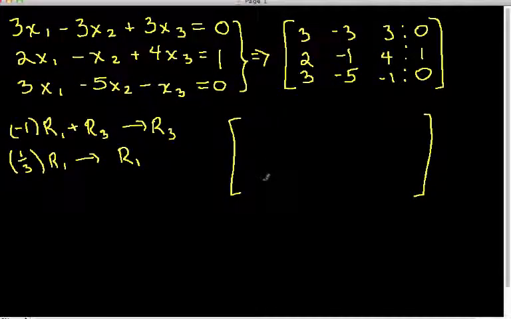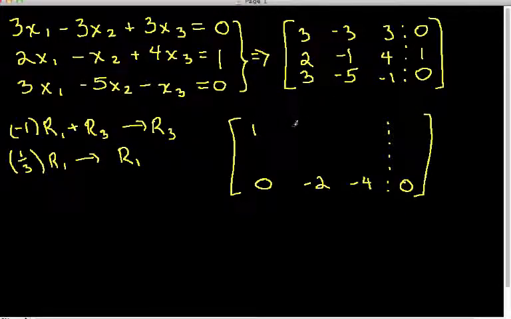I've chosen things exactly so that I get a 0 in this position: minus 1 times 3 plus negative 3. Then minus 1 times minus 3, positive 3, added to the negative 5 is negative 2. Minus 1 times this 3, added to this minus 1 is negative 4. And that row operation won't do anything to this last position. Minus 1 times this 0 added to that one is still 0.